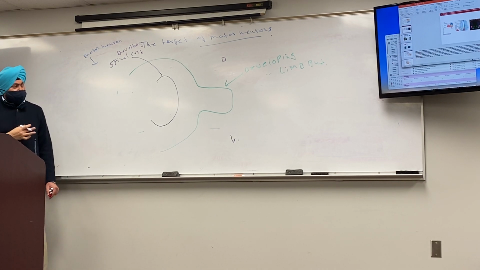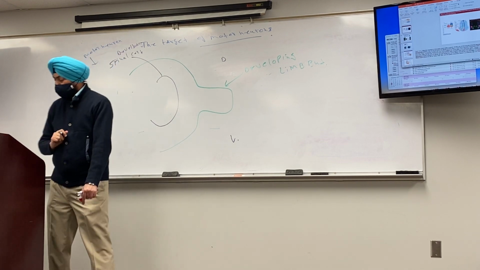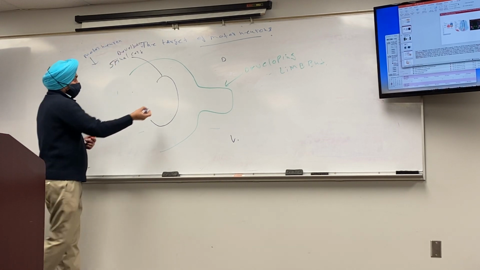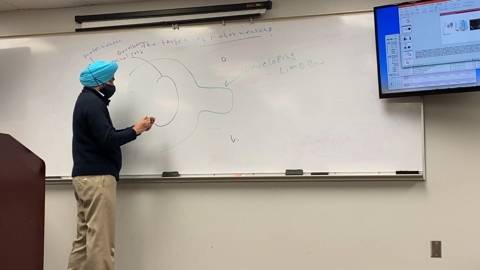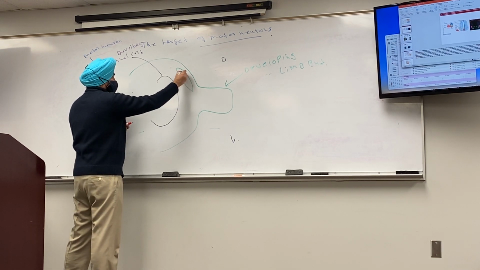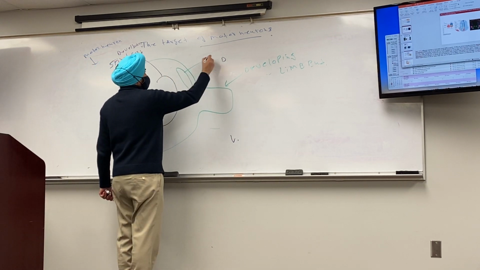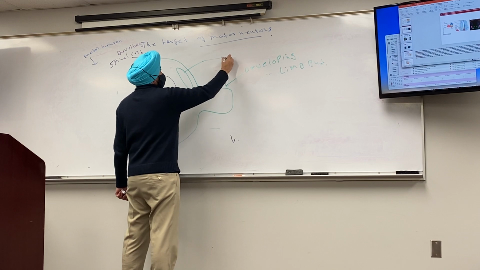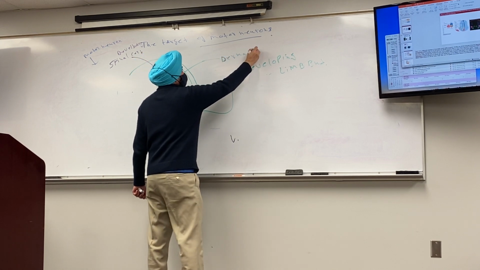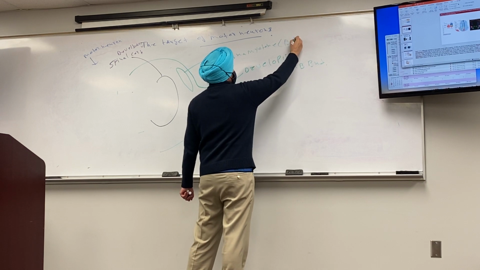Okay, so I'm going to talk about two bundles of neurons here. Right here is another group of cells, the dermamyotome, and these are going to give you the body wall muscles.